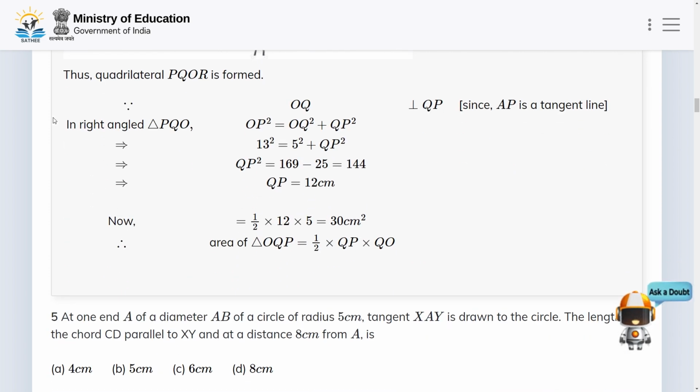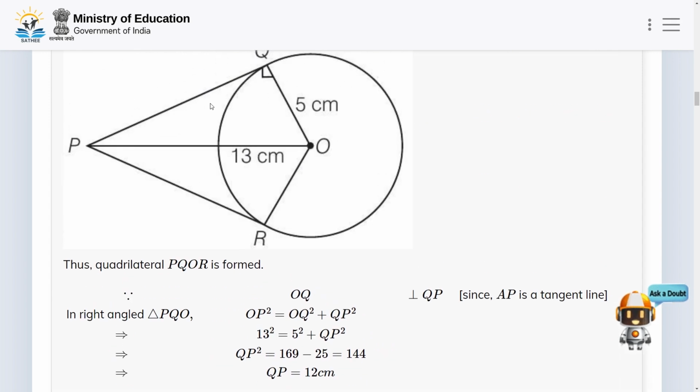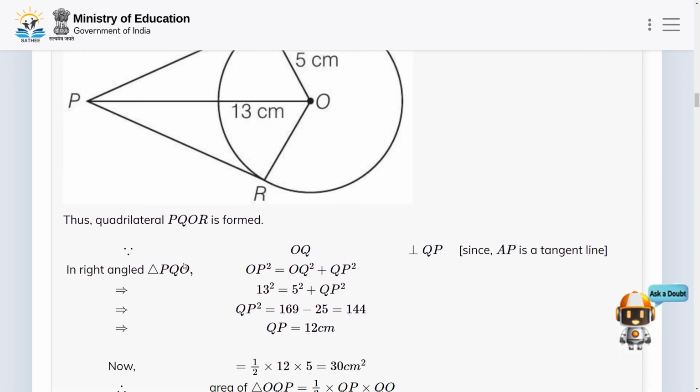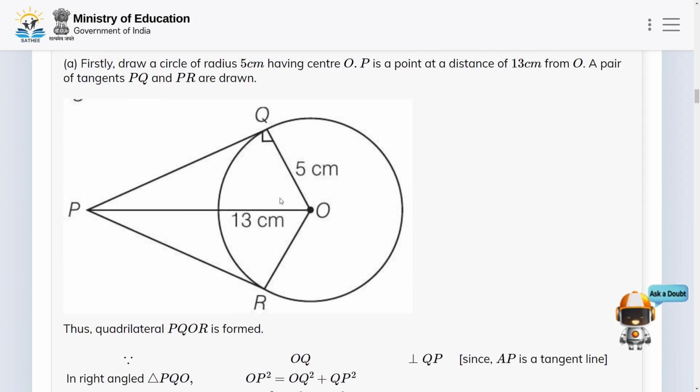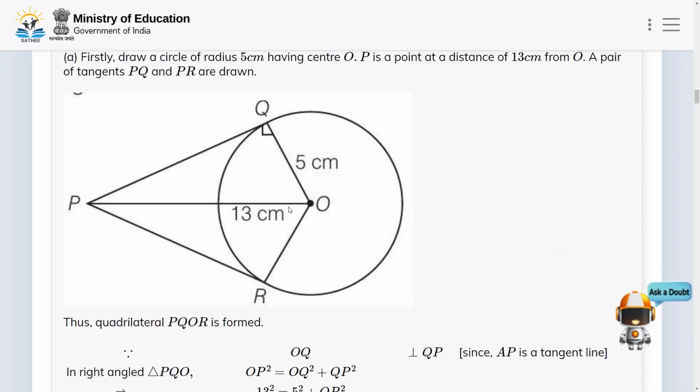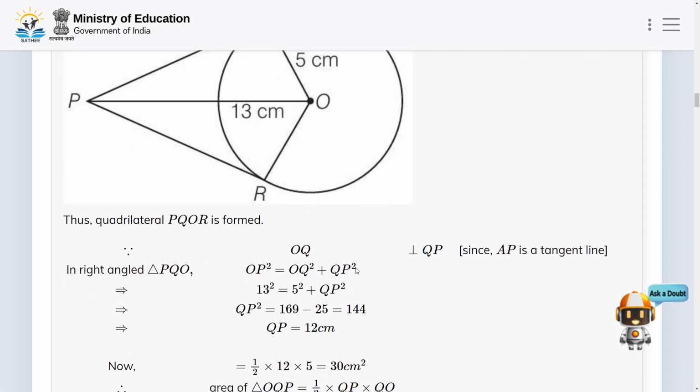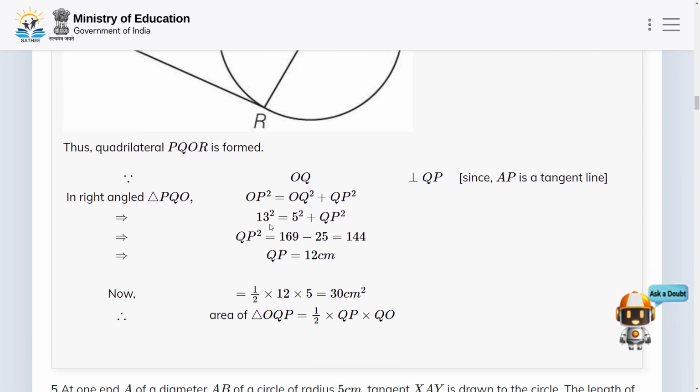Okay, so in right angle triangle PQO, OP square is equal to OQ square plus QP square, and here OP is equal to 13 centimeters and OQ is equal to 5 centimeters. So it implies 13 square is equal to 5 square plus QP square. Okay, and it implies QP square is equal to 169 minus 25, that is equal to 144. Okay, and therefore QP is equal to 12 centimeters.